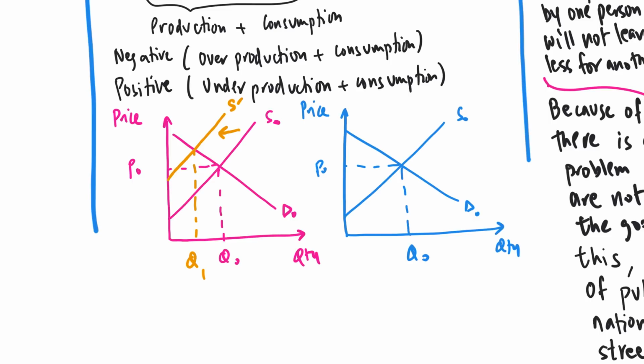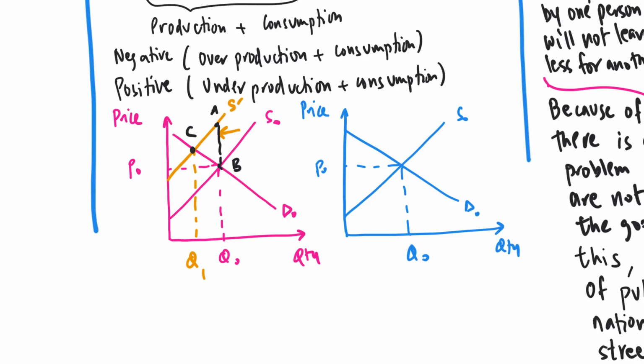Now at Q1 there is no market failure, but at Q0 there is a market failure equal to this vertical distance, which is the externality happening at Q0.